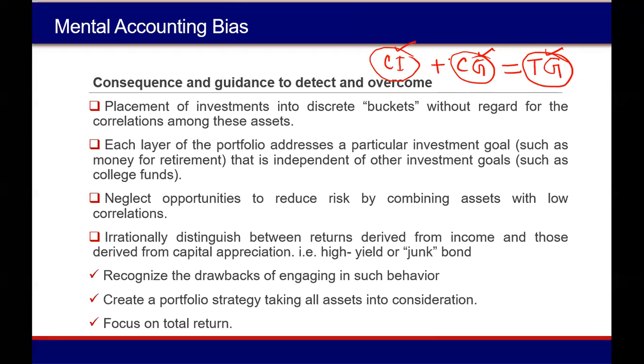For example, if you buy a very high yield junk bond or high yield junk securities, it may give you very high returns for several years, but it may have lost its total value and you have lost your capital. You have no investment later.